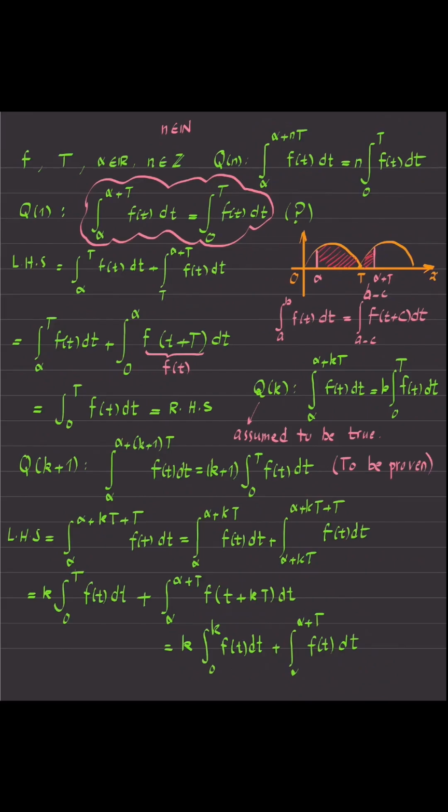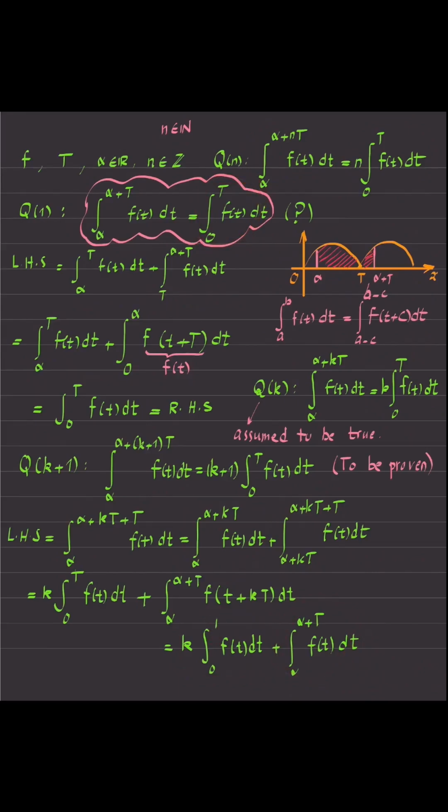Yes, because here I use the hypothesis, and this is replaced by this expression, and then you see the upper limit is T. Okay, so now this one can be replaced with this integral from 0 to T f of t dt, and then k of them here, this is also T. I'm sorry about that mistake.